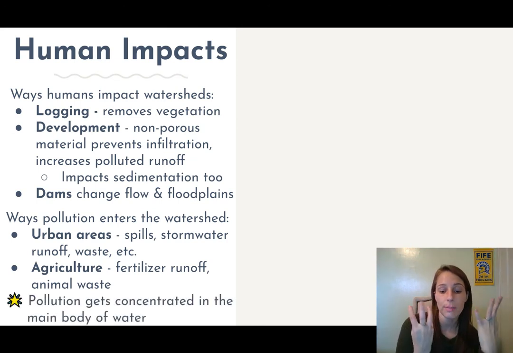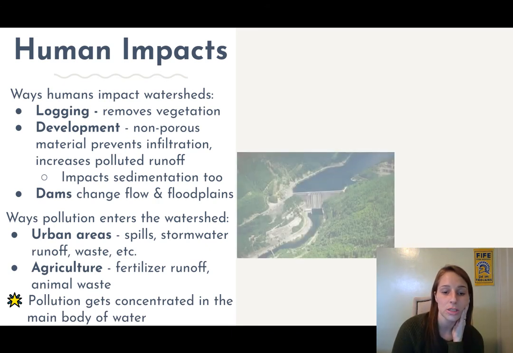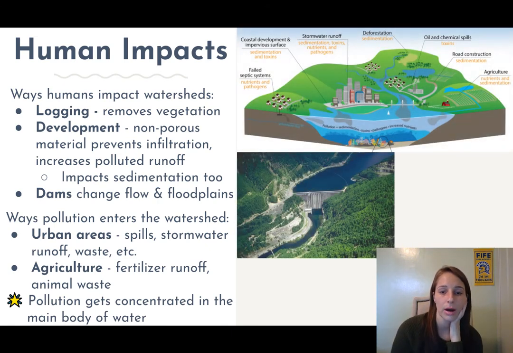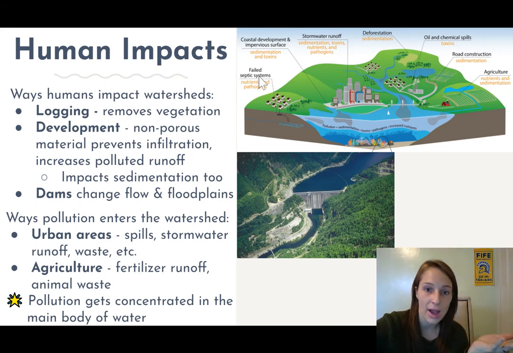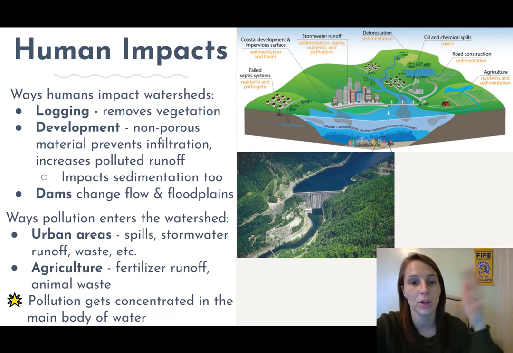Now, the reason why pollution is a big deal is because all this pollution gets concentrated in the main body of water. So if you look at this diagram up on top, it's showing a wide variety of ways that pollution can enter, or even that humans can impact. For example, you could have a house with a failed septic system, and all of a sudden the waste from their septic is ending up in the groundwater.